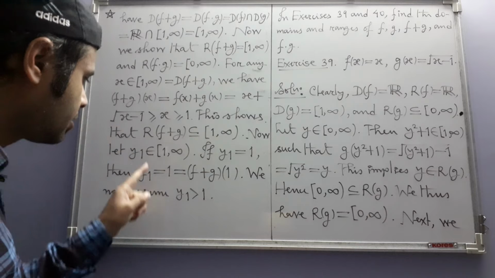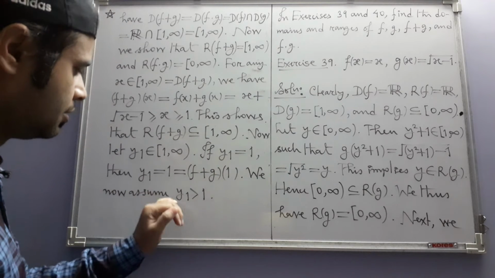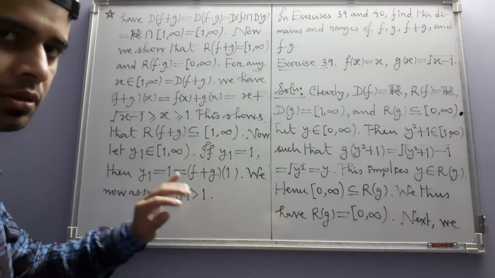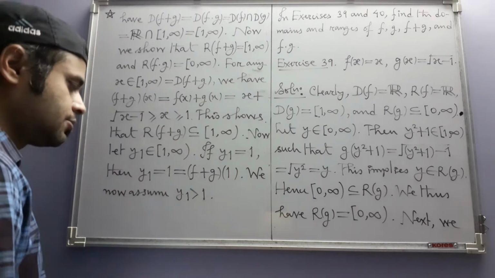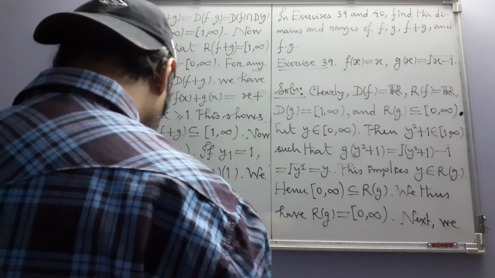In the particular case where y1 is 1, it is an output for the input 1. So now we assume the other remaining cases where y1 is greater than 1. Okay.